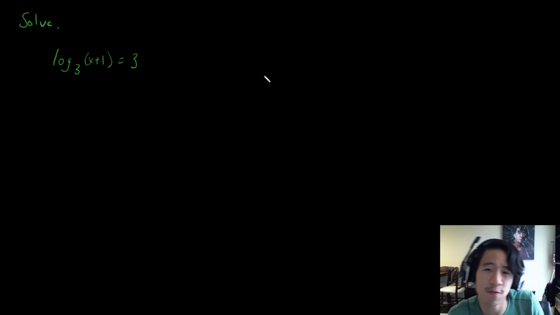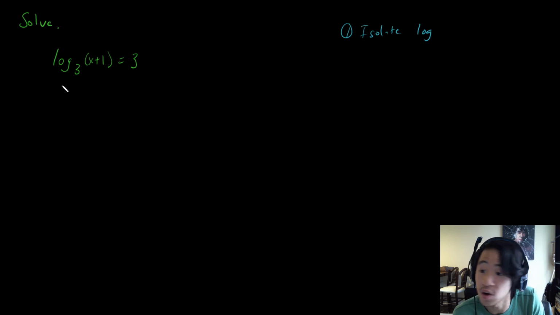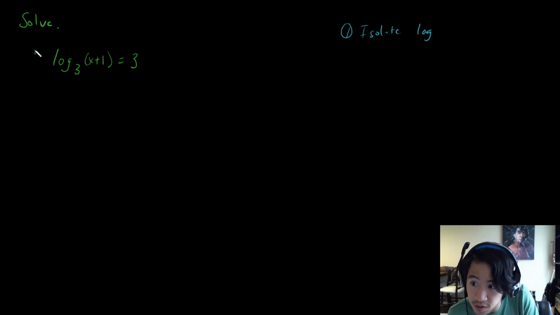All right, so here's our first example. We're just going to want to solve this. We're going to have a couple of steps. Here's going to be our first one: we're going to want to isolate the log. Step one's already done for us, our log is already isolated.